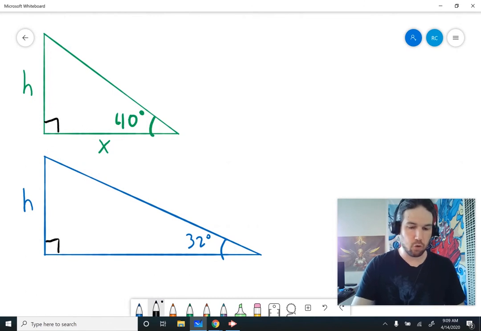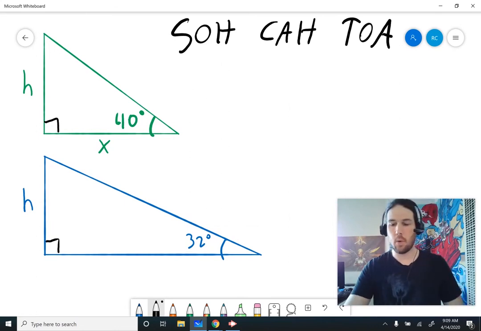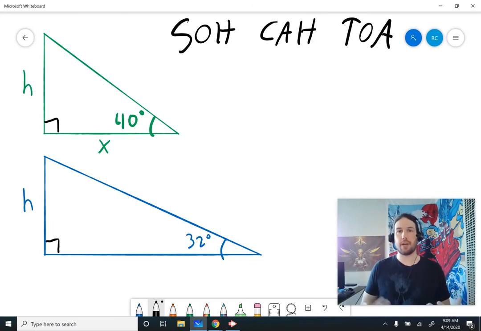Now let's drop our SOHCAHTOA really quick. And the question, of course, is which trigonometric ratio do I use to solve this. Now, in both of them, I missed something on my labeling.